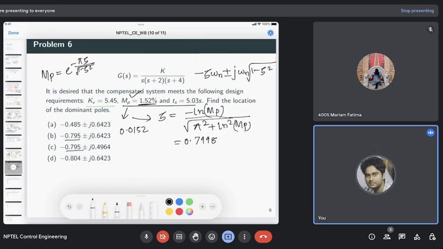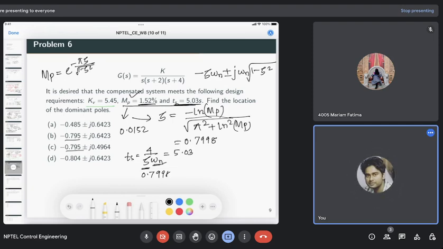Okay, so then we find this omega n value. So omega n will be what? Because from the settling time, we know that the settling time will be 4 by zeta omega n. Okay, and it is given 5.03, and zeta we already computed to be 0.7998. Then this omega n we can easily compute.